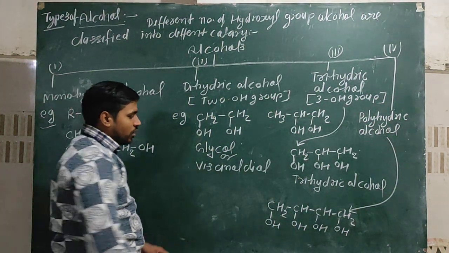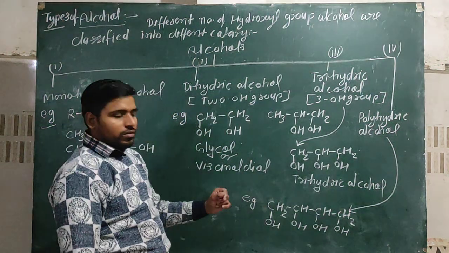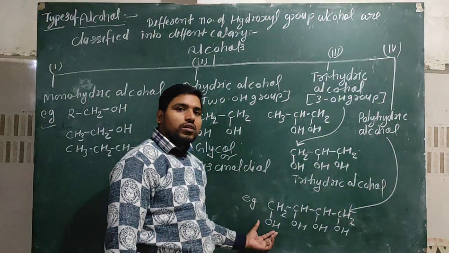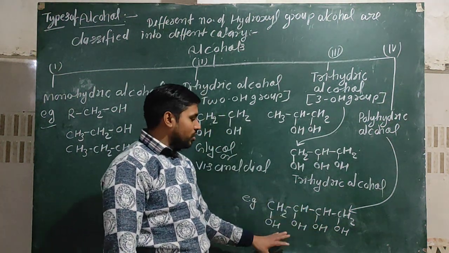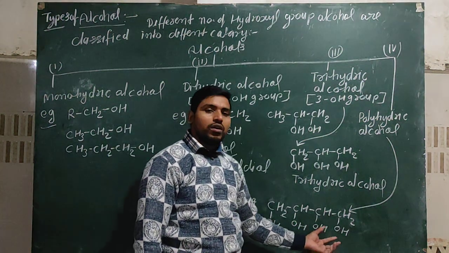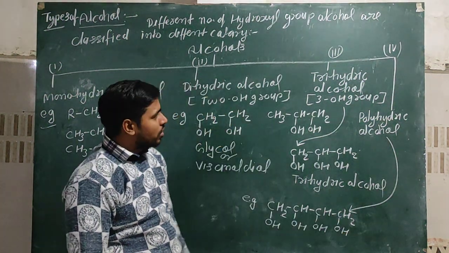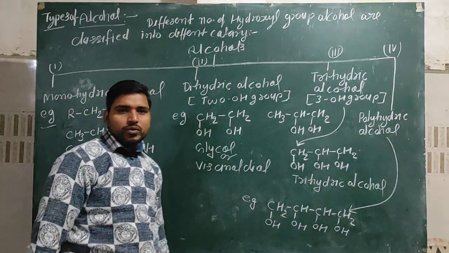It doesn't matter if the alcohol contains 5, 6 or 7 hydroxyl groups; all that matters is this: if any alcohol contains more than 3 OH groups in its structure, then it is known as polyhydric alcohol. Okay.